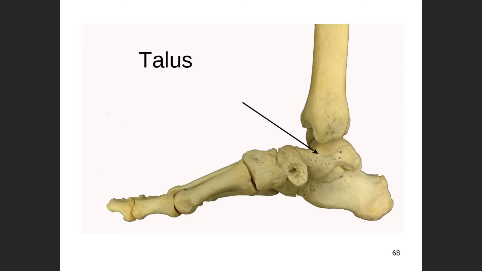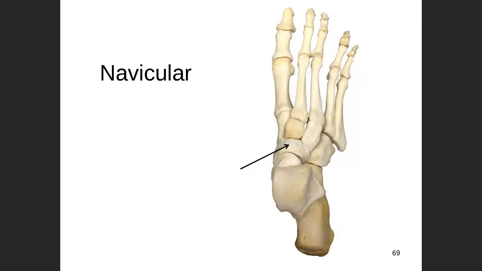Okay, here it is from the lateral view. All right, so it's tough to kind of outline. I'll do my best here. There's the talus. So the bone just in front of the talus, this guy right here, that's the navicular bone. So you can see it from the superior view here. There's the navicular bone.